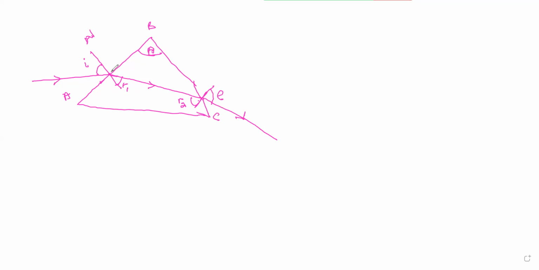Okay. So when we analyze whatever happens within the prism, we came to the realization that the first angle of deviation D1, which is this angle, is equal to the angle of incidence minus the first angle of refraction. Then the second angle of deviation with regards to the plane AC, D2, is equal to the angle of emergence minus the second angle of refraction.